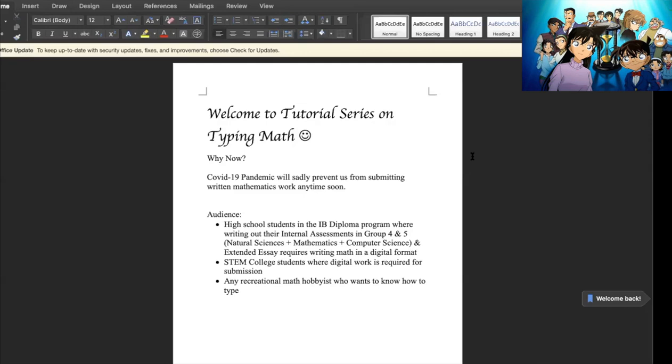STEM college students as well, it would be very helpful for you to know how this works should your professors not have enough time to tell you how to type out the details of certain symbols in your work, and they tell you to please refer to some tech specialists, or you have to figure it out on your own, unfortunately. And also any recreational math hobbyists, this would be great for you to know as well.